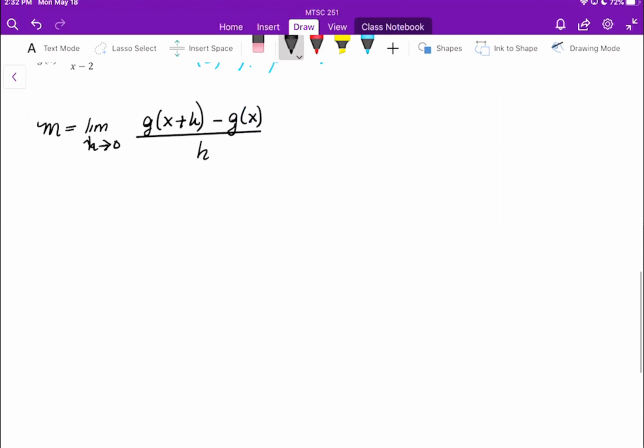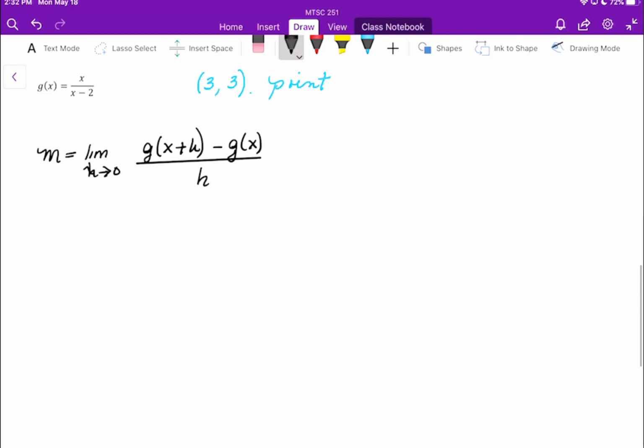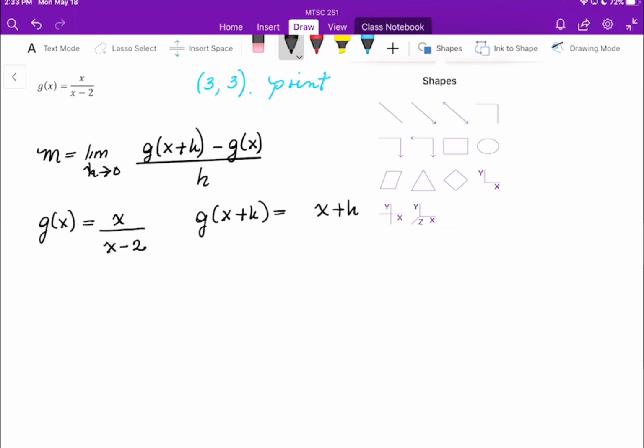So we know that g of x is x over x minus 2, and g of x plus h is x plus h divided by x plus h minus 2.